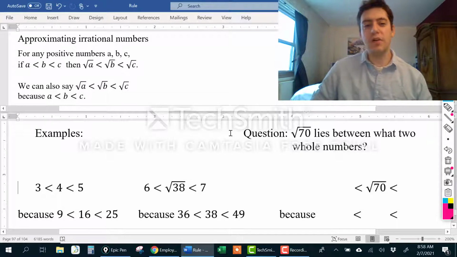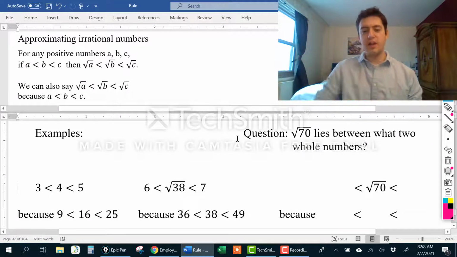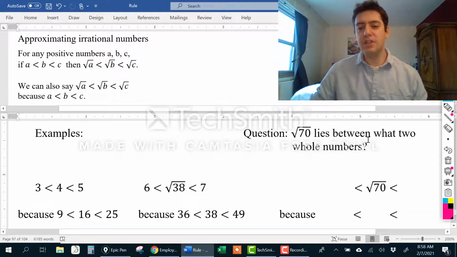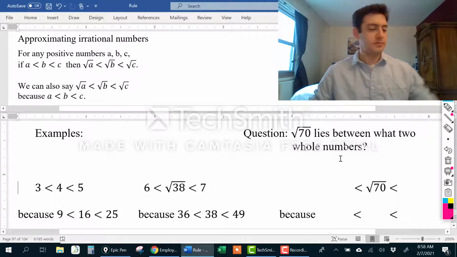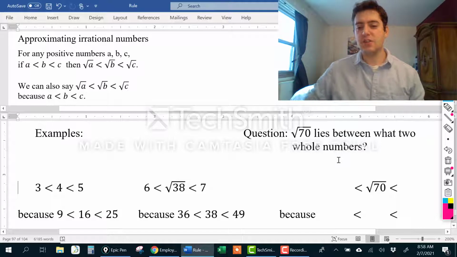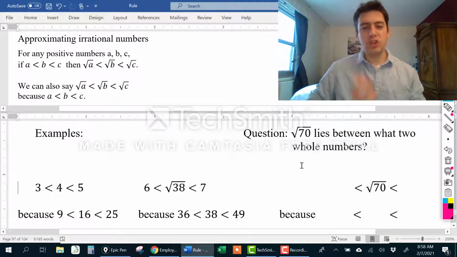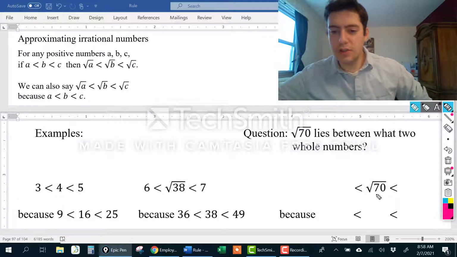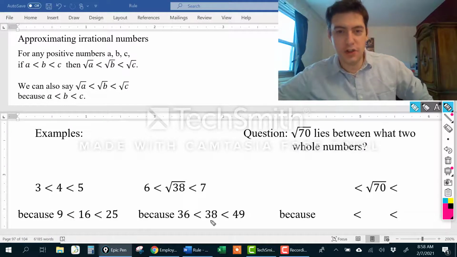All right, so now let's use this kind of logic here to answer the following question. The square root of 70 lies between what two whole numbers? So to answer that, the strategy here is, I'm actually going to put, instead of the square root of 70 down here, like you see over here I had the square root of 38, but then over here I had just 38, right?